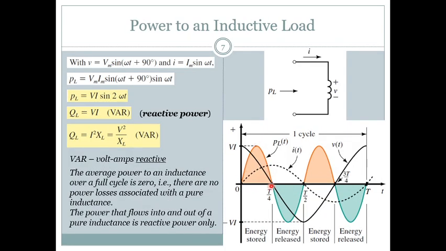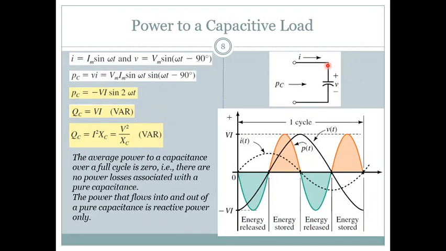So therefore what we do is we consider the inductive reactive power as positive and capacitive reactive power as negative. But still you can hold these equations, that is, Q is equal to I squared XC or V squared over XC can be used.